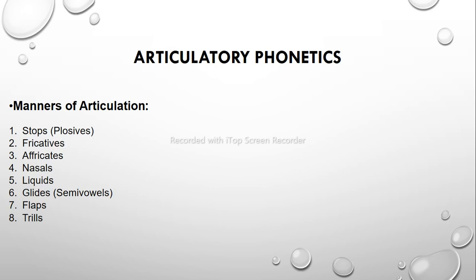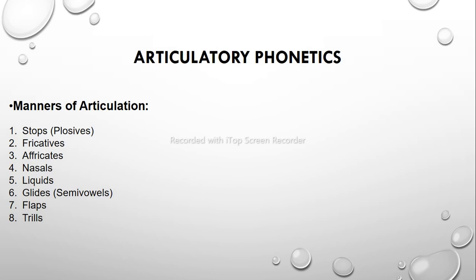6. Glides, or semivowels. These are sounds produced with a gliding motion of the articulators, from a slightly more constricted position to a more open one. Examples include j and w. 7. Flaps. These are produced by a single, quick tapping of the tongue against the alveolar ridge. An example is the r sound in the middle of the American English pronunciation of butter. 8.